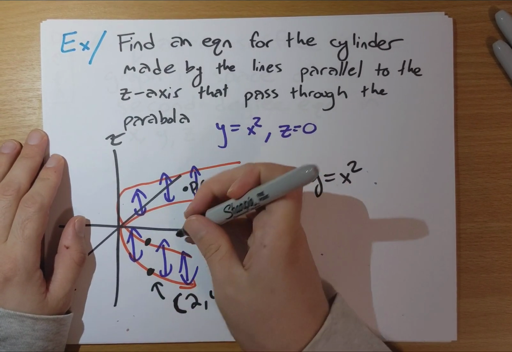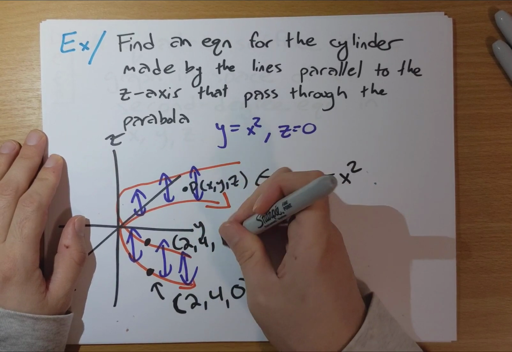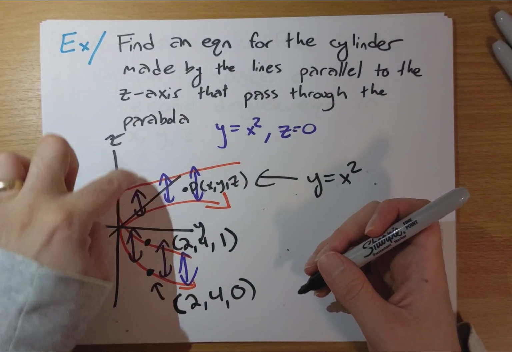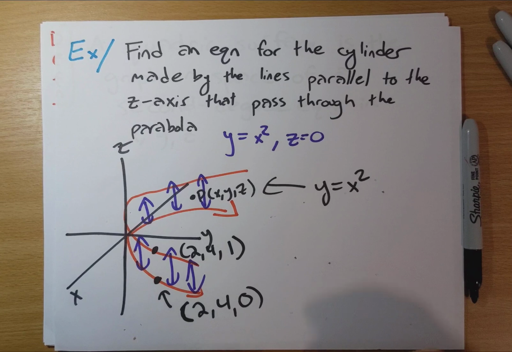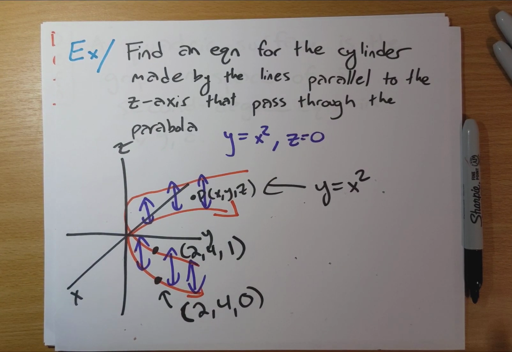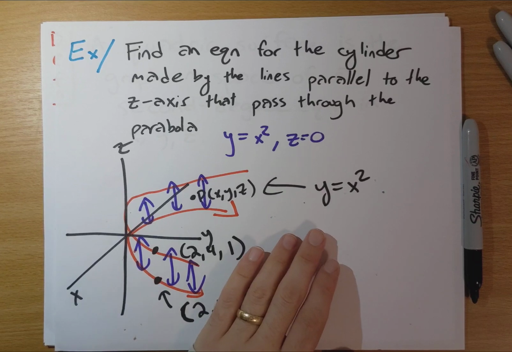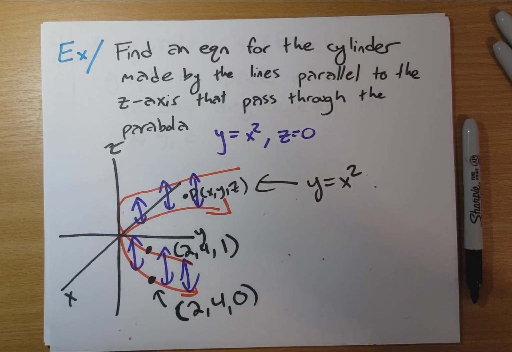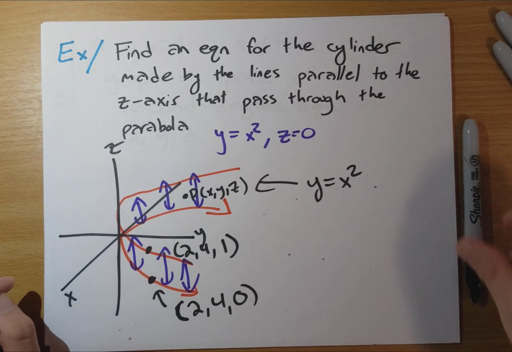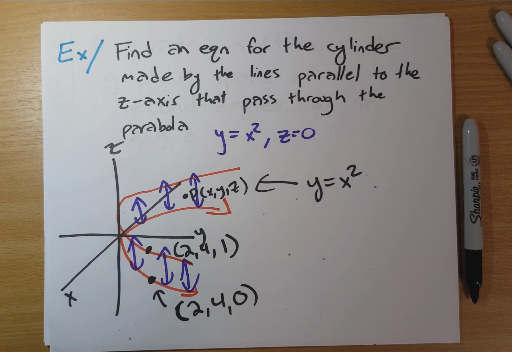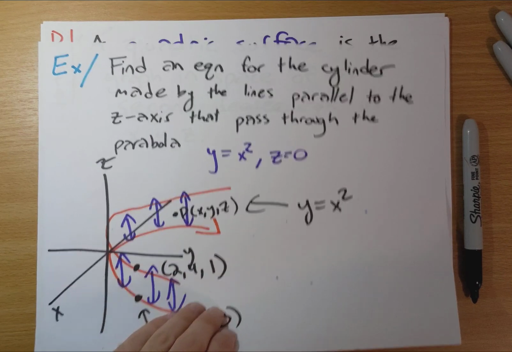But up here, we just translate this to 2, 4, 1, and we keep moving it up and up: 2, 4, 2, 2, 4, 3, 2, 4, 4, 2, 4, 5, and so forth. Z can be anything. So the equation of this cylinder is simply y is equal to x squared. Okay, this is our first example talking about cylinders.